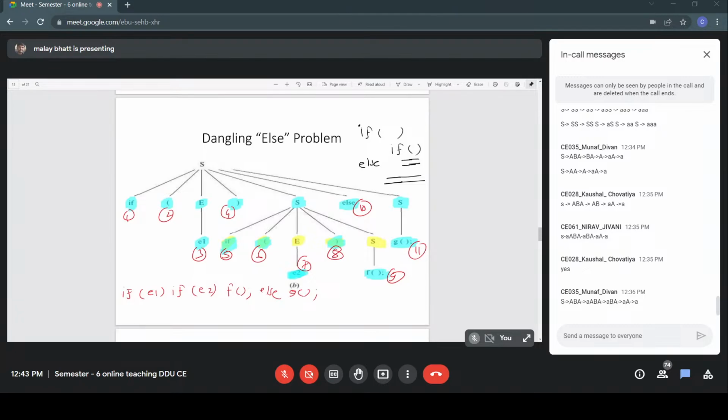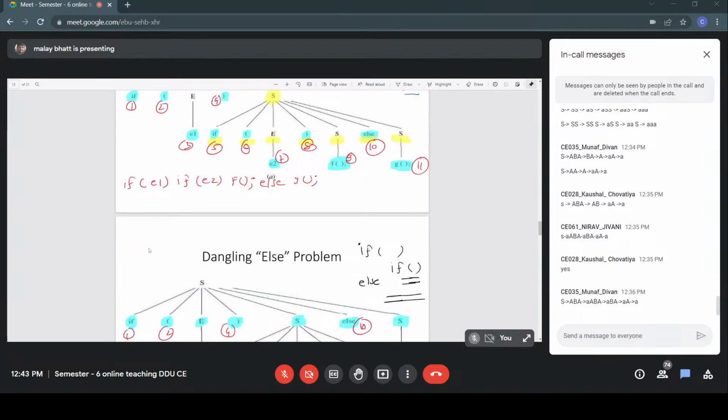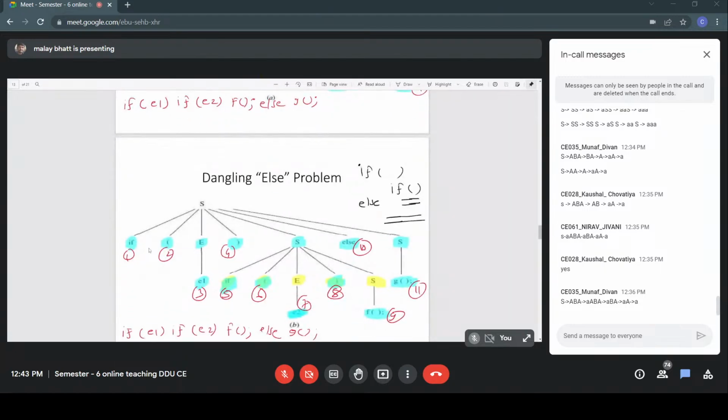So this statement is the same as the previous one. You can see no change. You can compare both. So from this second tree, what we can conclude is that else is associated with the outer if statement. So this is known as a dangling else, because the role of else in the grammar is not clear, because you have the same statement.